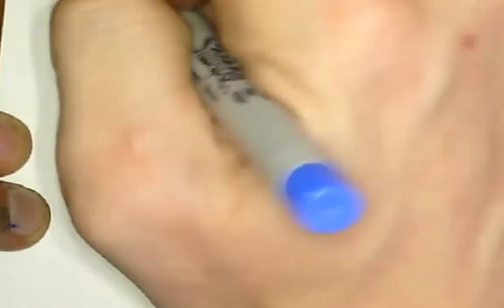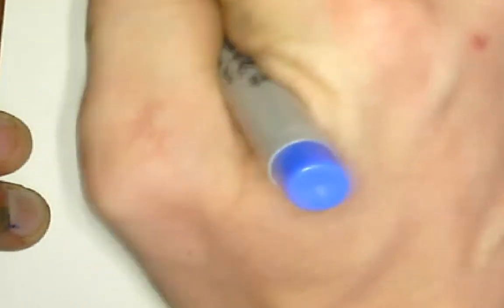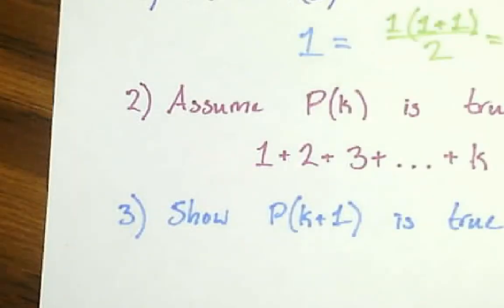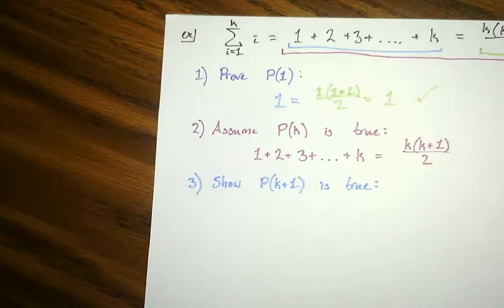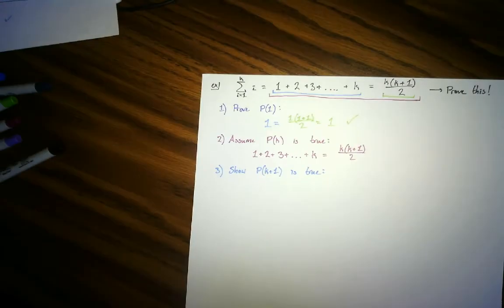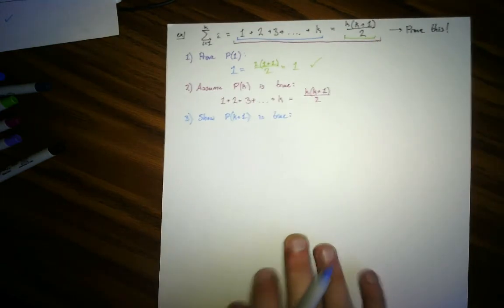So for step 3, what we're doing is we've got to show that P of k plus 1 is true, just like in the last example. I'm hoping that didn't mess it up too much.